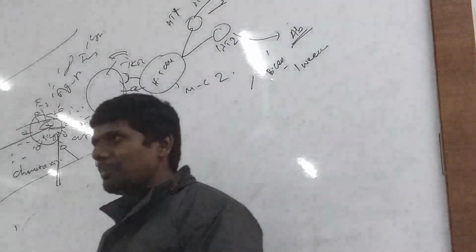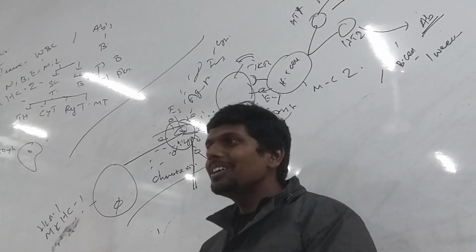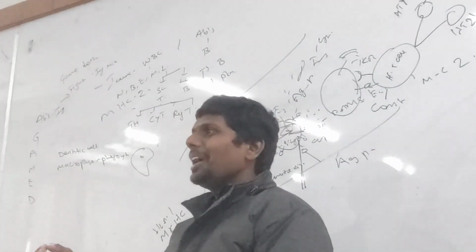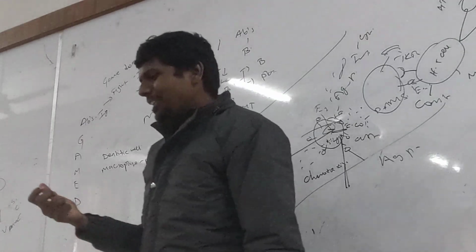This helper T cell 1 will call an encounter specialist. I think you have seen a movie like Gabbar Singh, or Shankar Dada MBBS, a lunatic police officer.